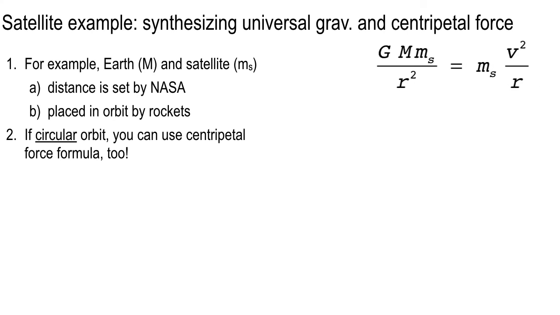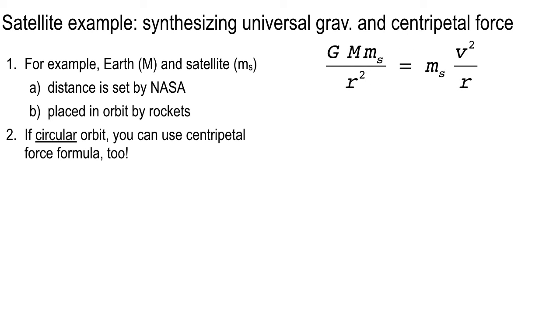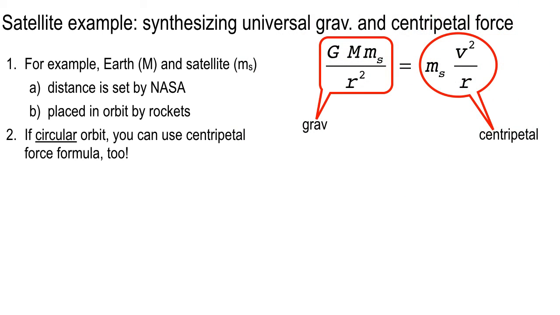Here we go. On the left is the law of universal gravitation. And then over here on the right, there's the formula for centripetal force, m v squared over r. Now, this is the force on the satellite. And over here on the left side, the source of the force on the satellite is the gravitational interaction of Earth with the satellite.